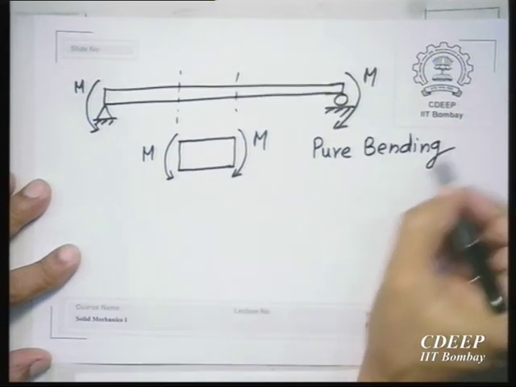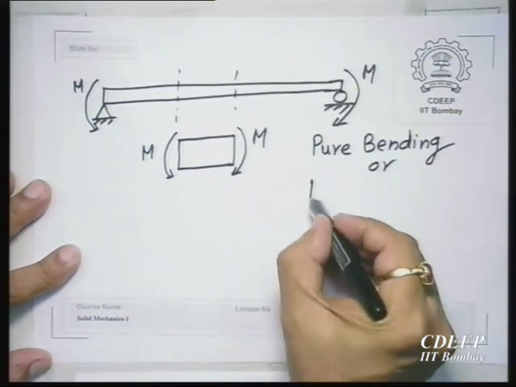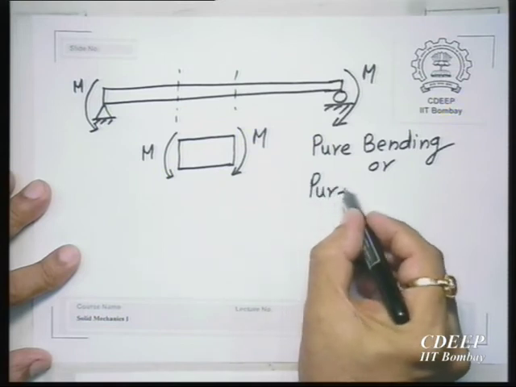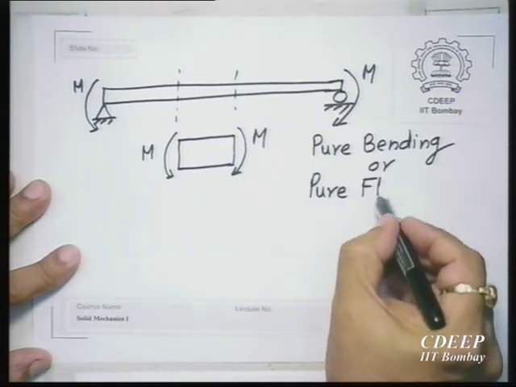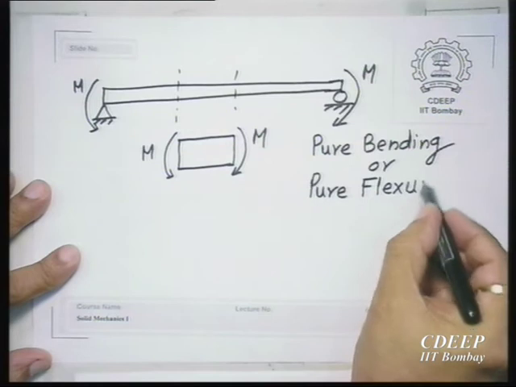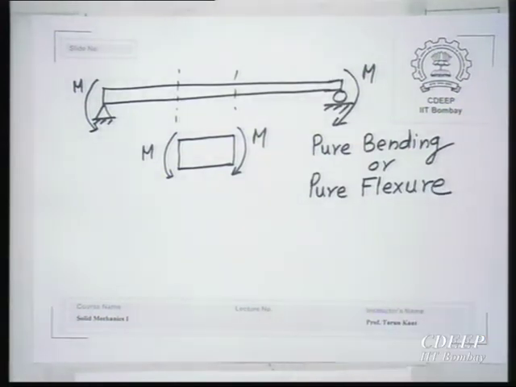It is also called pure flexure. Instead of the word bending, we also call it flexure of the beam. Bending of the beam or flexure of the beam, pure flexure.